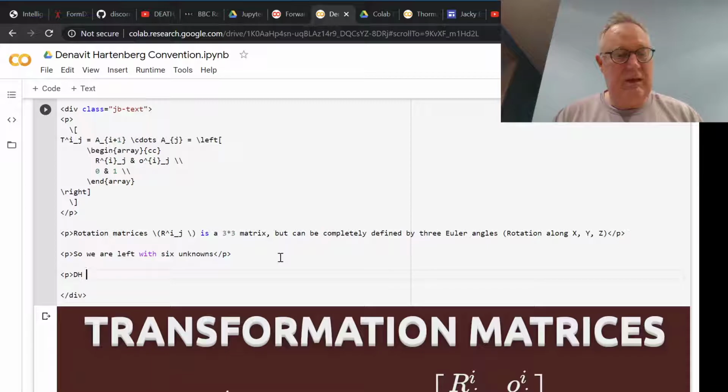So then the Denavit-Hartenberg Convention only uses 4 numbers.